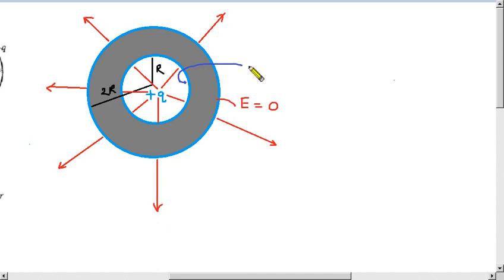At this point the field intensity can be calculated using Coulomb's law, because this one is a point charge. So using Coulomb's law, E equals 1 upon 4 pi epsilon naught times q divided by the distance R squared. So this is the equation.